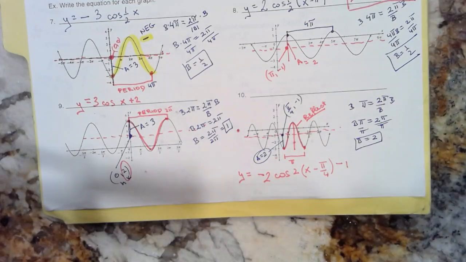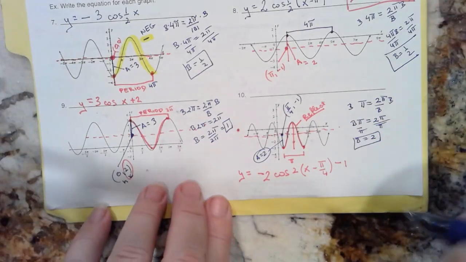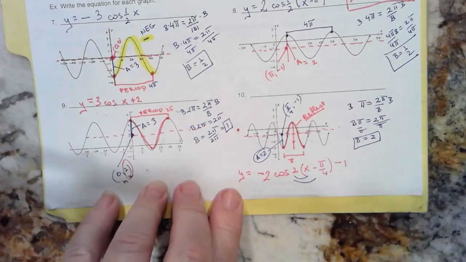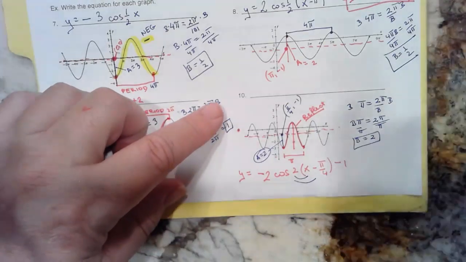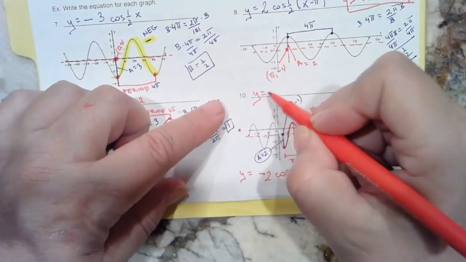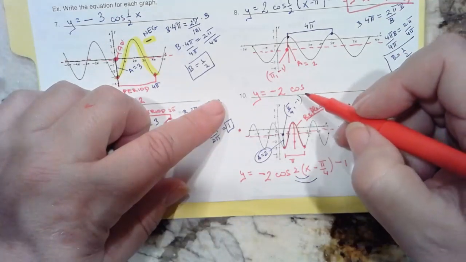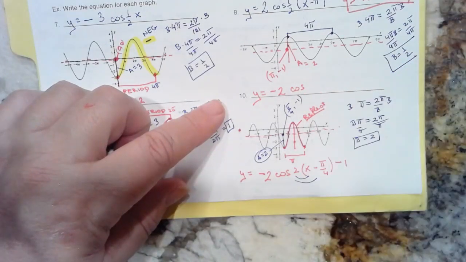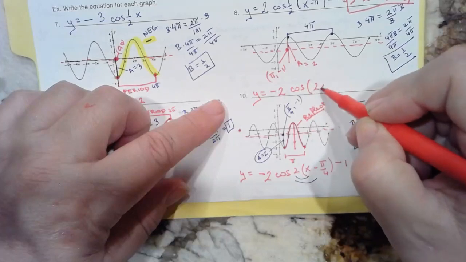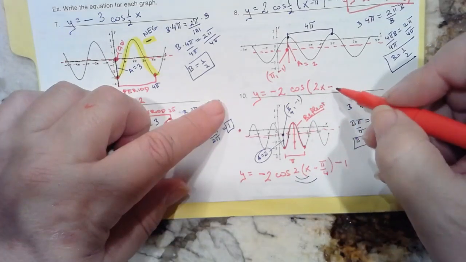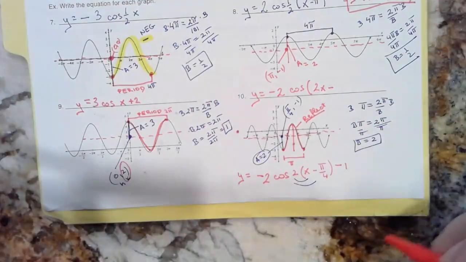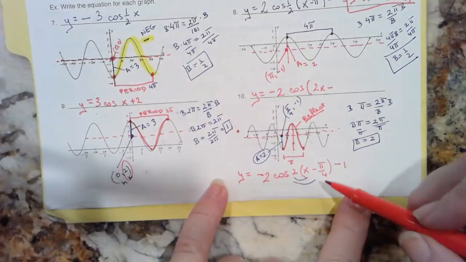Okay, now we are not done because what do we still have to do? We need to distribute. So your final answer is going to be y is equal to -2 cosine 2x minus, so I'm going to do this on the side, and please don't forget to distribute.